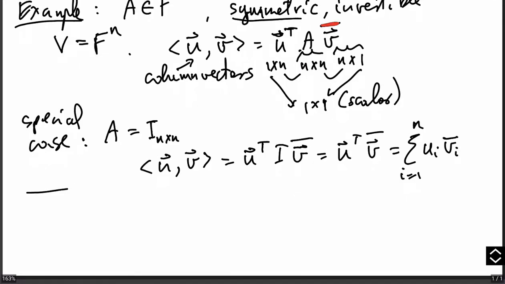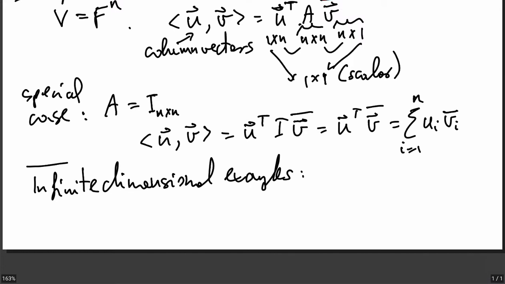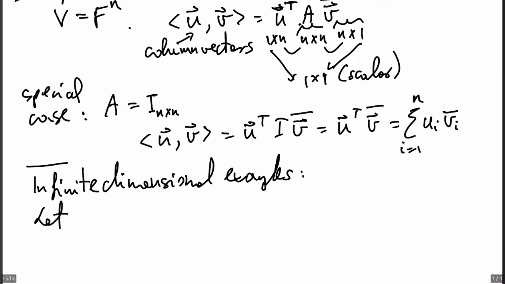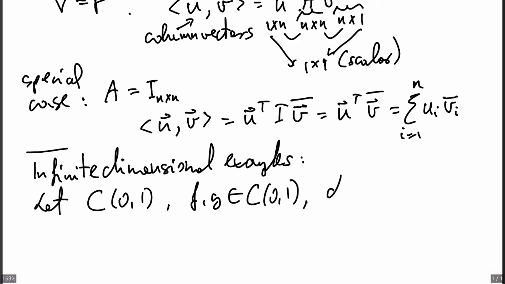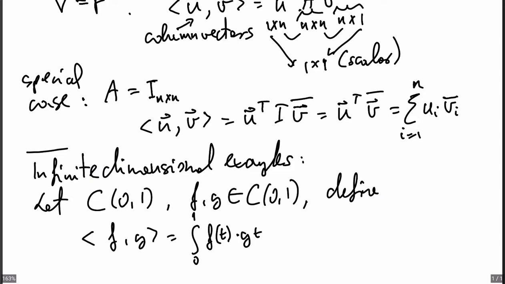Inner products are also important in infinite dimension, extremely important, I would say. If you consider the continuous functions over the interval 0, 1, if you have f and g from this space, two functions, then we can define the inner product of the two functions as the integral from 0 to 1 of f of t times g of t dt.